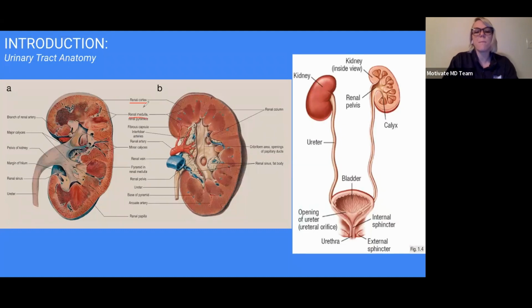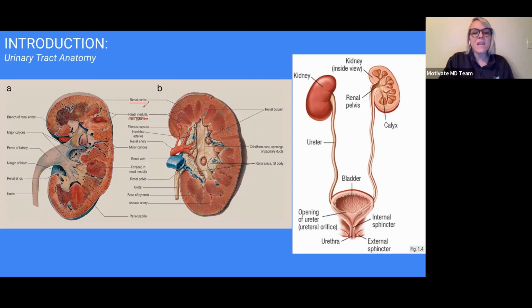And if you guys remember, there is something which is the functional unit of the kidney. Do you guys remember what that was? Awesome, the nephron. And that's where we talk about a lot of the physiology behind the kidney itself. So good job.